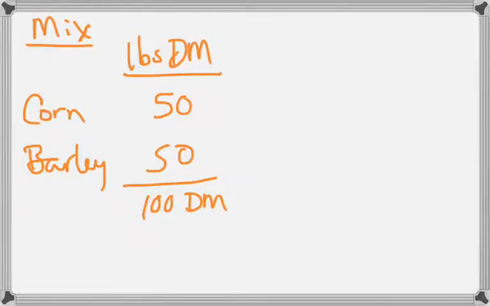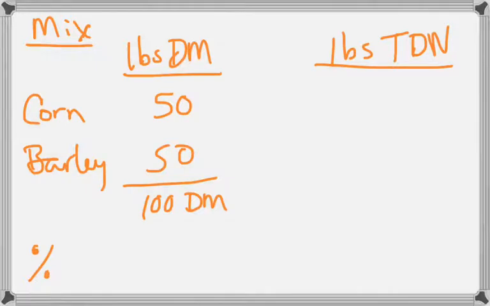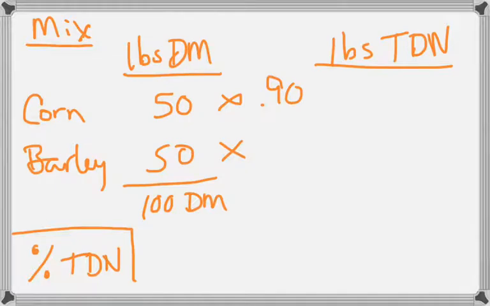What we want to know is how many pounds of TDN are in each of these ingredients, because we have to figure out the percent TDN of the grain mix. That's our goal, to figure out the percent TDN. To do that, we multiply the amount of each feed times its nutrient concentration.